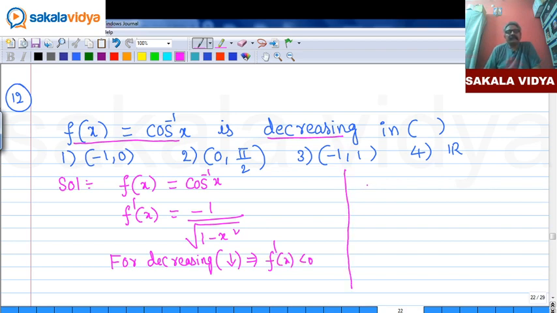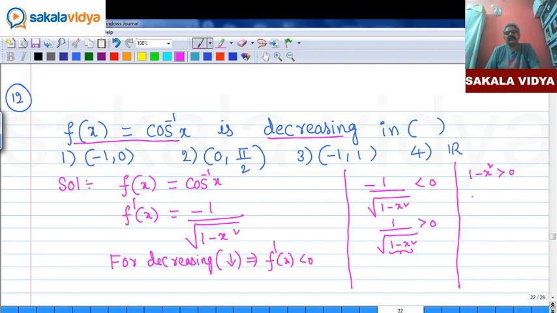That means the minus 1 by root of 1 minus x square must be less than 0. So, multiply with the minus sign, 1 by root of 1 minus x square is greater than 0. So, that means actually you remember this, 1 minus x square must be positive, understood now. So, that is why 1 minus x square must be greater than 0, not equal to 0 also.